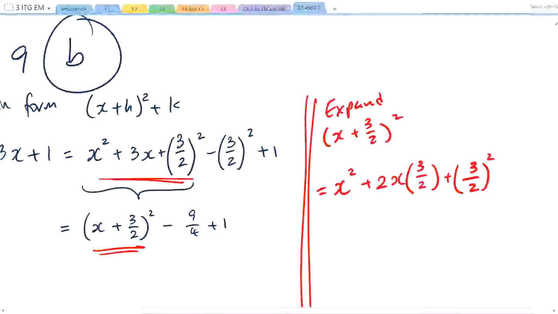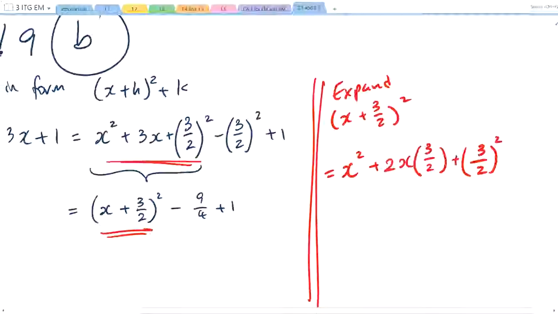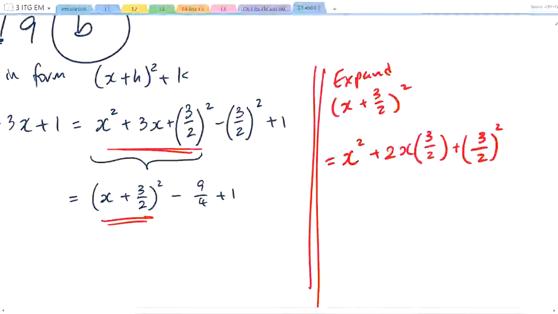This is what you would have done in sec 1, isn't it? That is simply expanding x plus 3 over 2 squared. Now I'm just working backwards. So when I expand it, I have an x squared term, which is found here. That is my first term. Now my second term, 2x times 3 over 2.